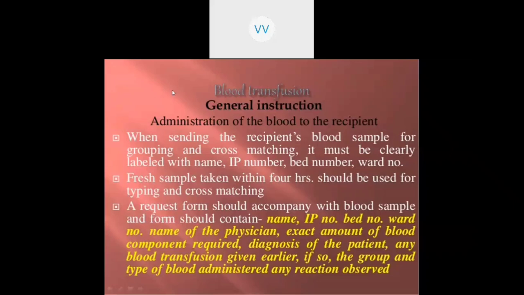physician, the exact amount of blood wanted for administration to the patient, the diagnosis of the patient's problem, any blood transfusion given earlier, group and type of blood, and any reaction observed in a previous blood transfusion.